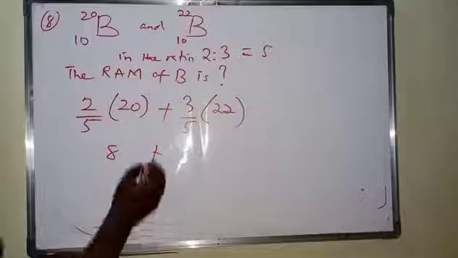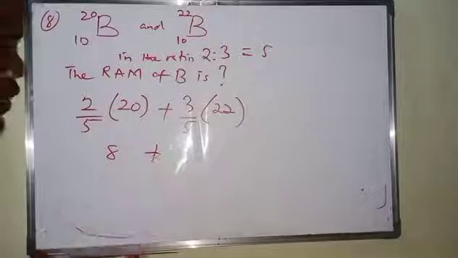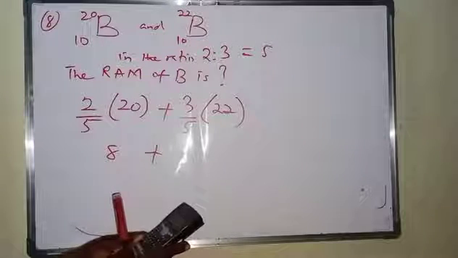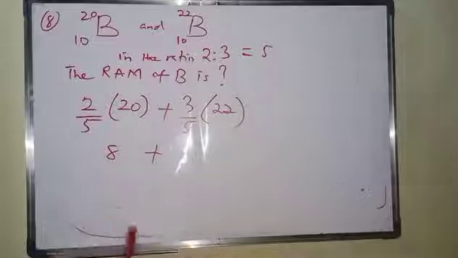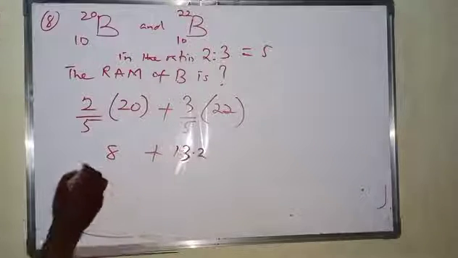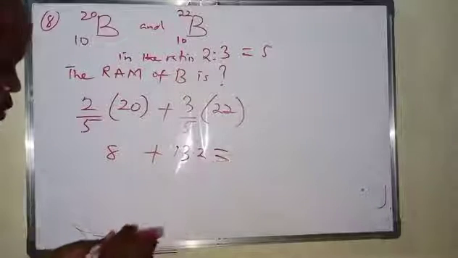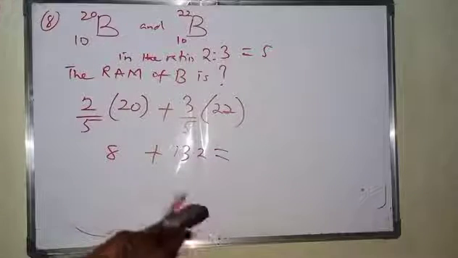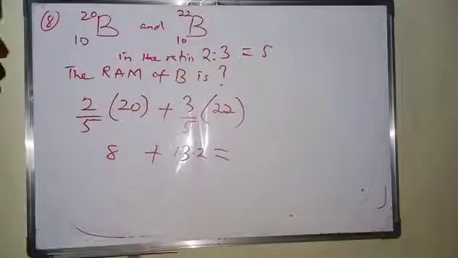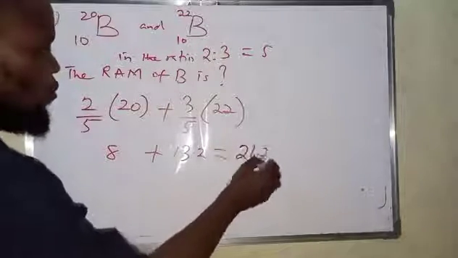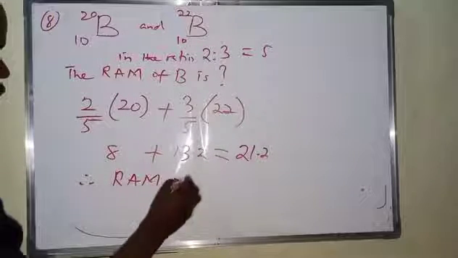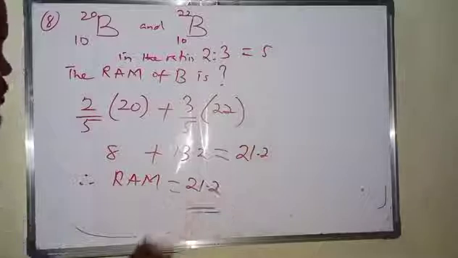Then this is 22 times 3 by 5. This gives us 13.2. The total now will be 13.2 plus 8. It gives us 21.2. So the relative atomic mass is 21.2.